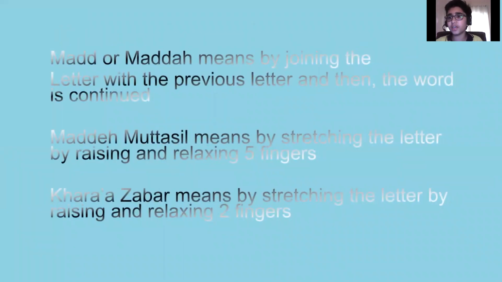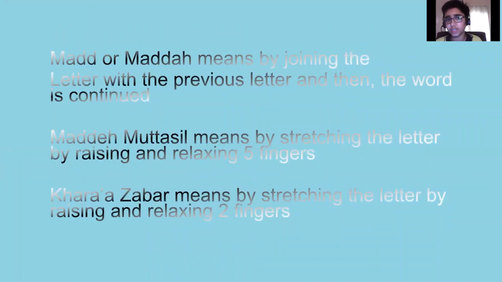So now we're going to learn the definitions of the signs that we're going to learn. So number one, as I told you previously, is mad or madda. Mad or madda means by joining the letter with the previous letter, and then the word is continued.